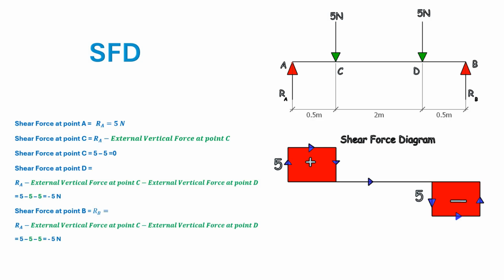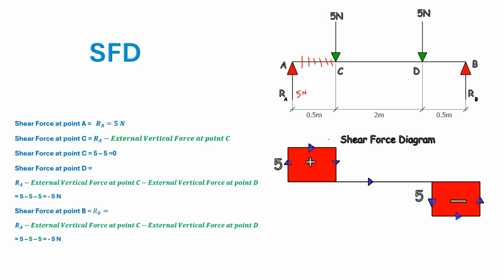Now at this location, point A, you can see that the shear force is 5 Newton, because the shear force is the reaction. So wherever you are making a cut at this location, the shear force to the left of the section is 5 Newton, which is acting upward, so RA is 5 Newton.